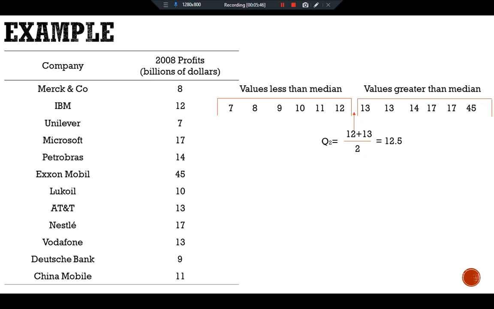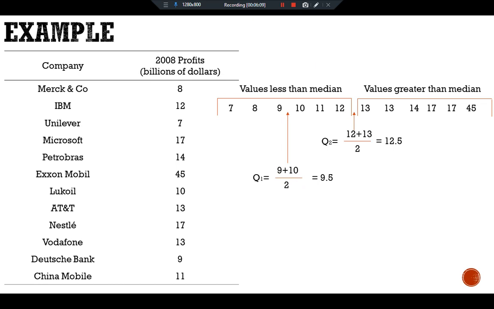That is our median as well. And for finding Q1, we take the central value of the values less than the median, and we get the central point here, and the Q1 formula looks like that, 9 plus 10 divided by 2, and we get Q1 equal to 9.5.